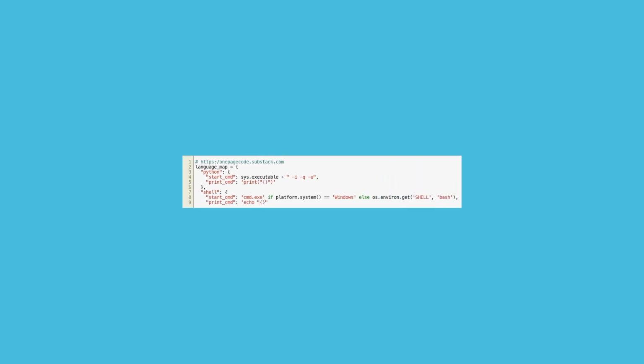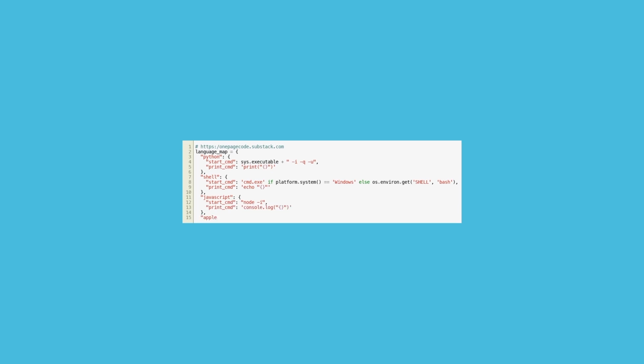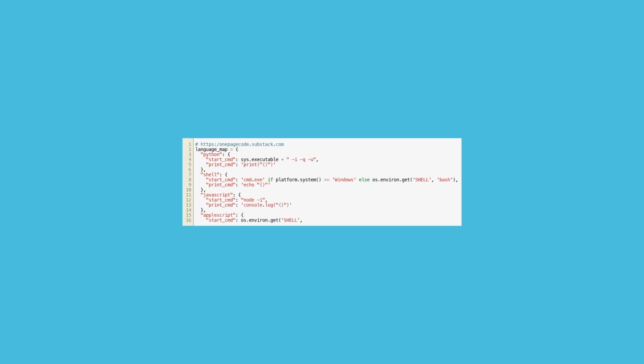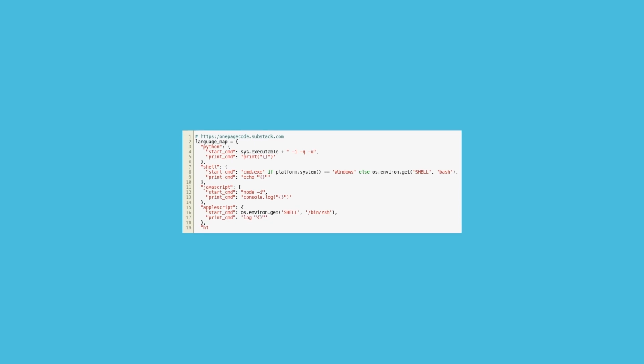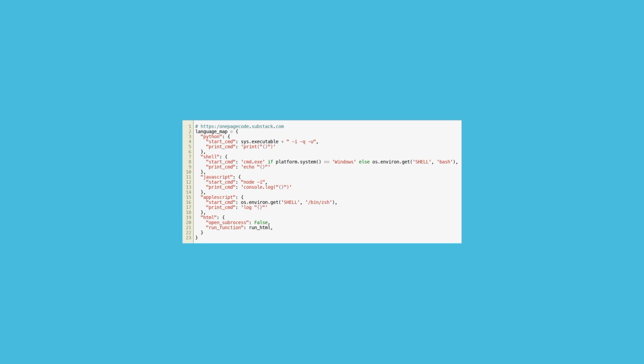This dictionary maps programming languages to their start, run, and print commands. The keys of the language_map dictionary are strings that represent the names of programming languages. The values of the dictionary are themselves dictionaries that contain two keys, start_cmd and print_cmd. The start_cmd key maps to a string that represents the command used to start the interpreter for the programming language.